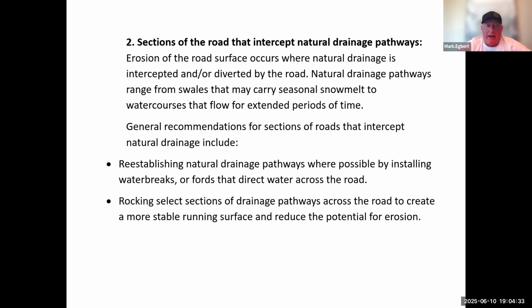When you have to interact with a natural drainage pathway, you want to do it so that the water flow is the primary functionality of that area and the road is secondary, but we do want to pass through safely without contributing to any degradation of the channel or soil.